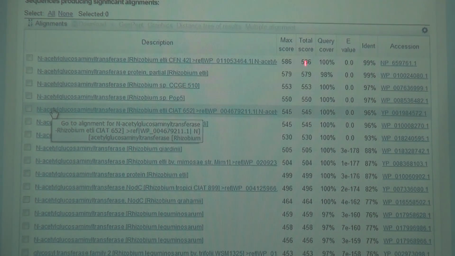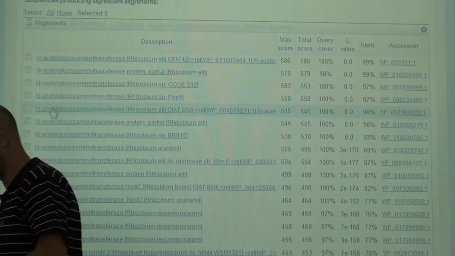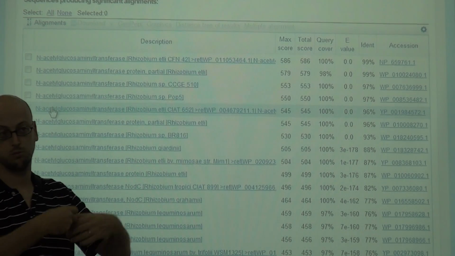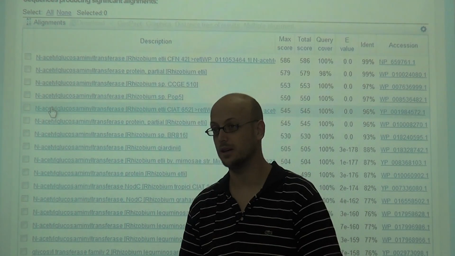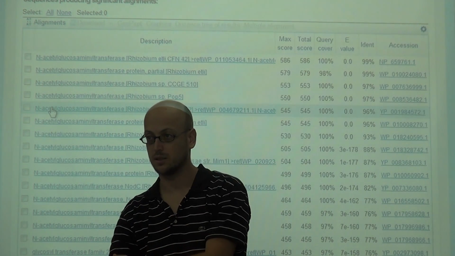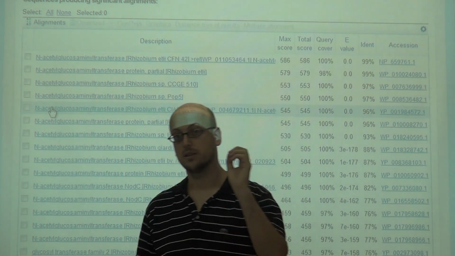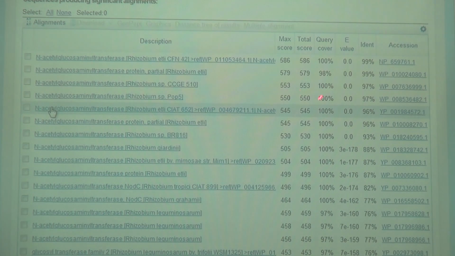So that's the score, that's the cover. E-value is very important because whenever you write or you present your results, or you tell somebody, my protein is similar to this protein, you will always have to say what is the e-value, because similar is not scientific.